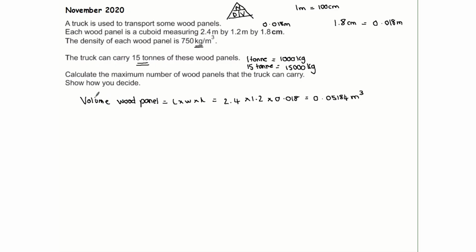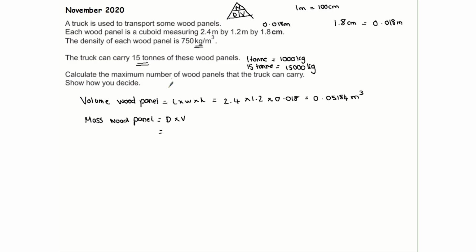So my next step is I know the volume of a wood panel and I know the density of each wood panel, so I'm going to work out the mass of each wood panel. Well, we know mass equals density times volume.